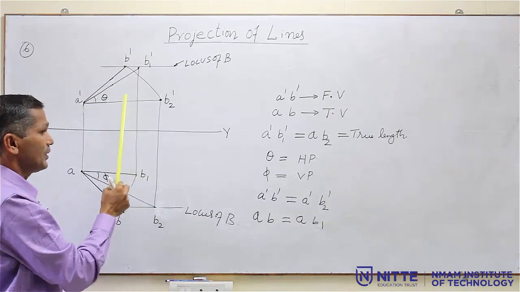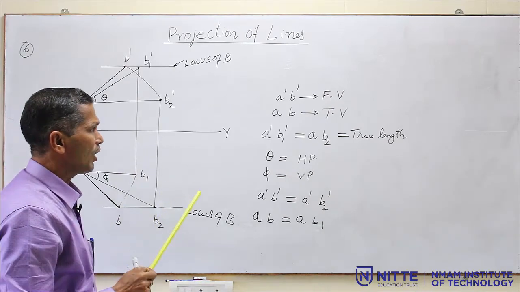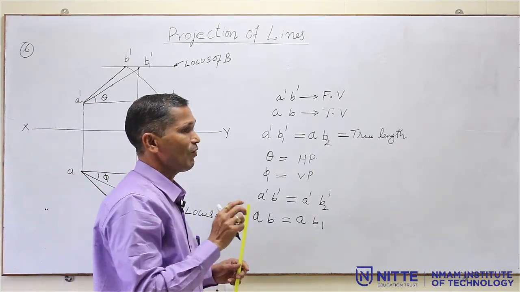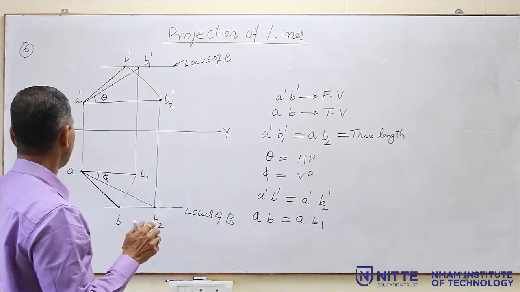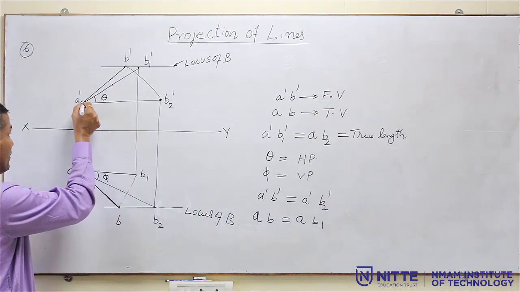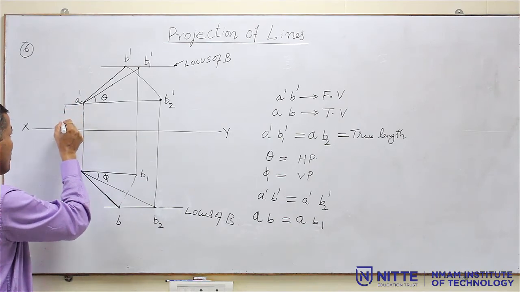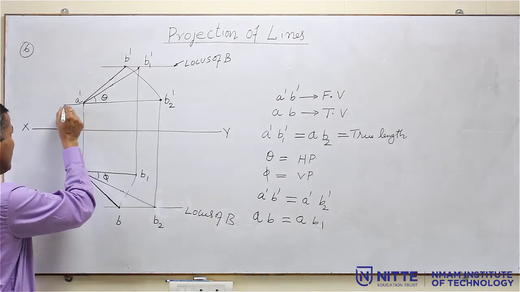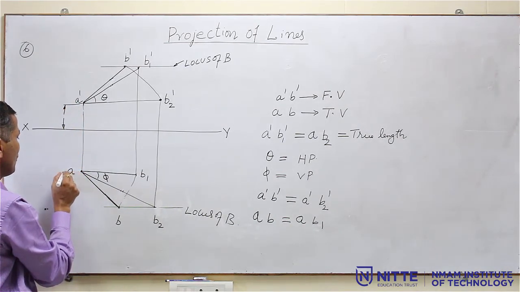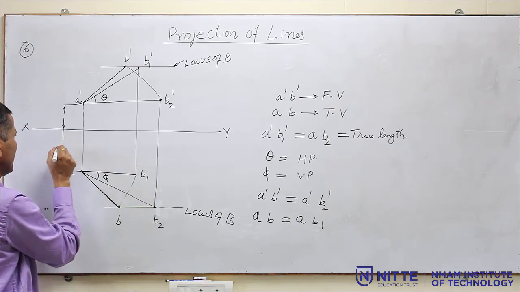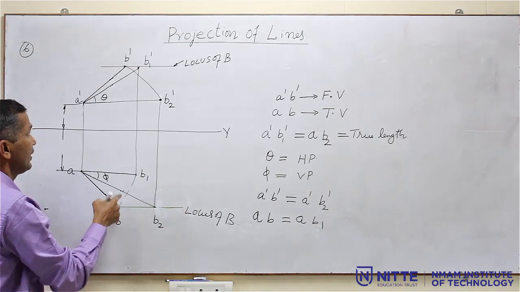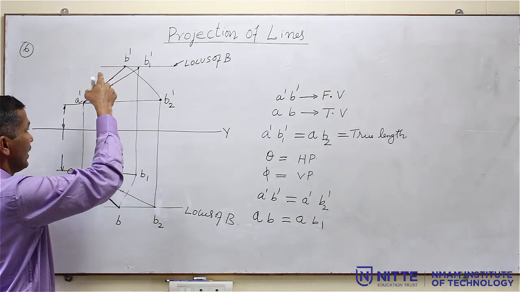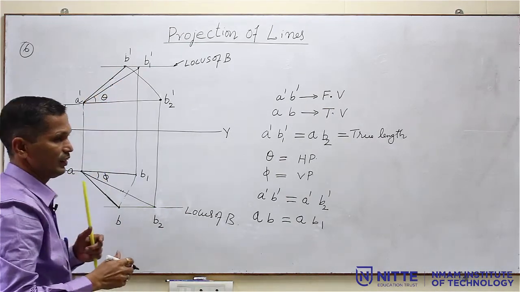Some of the information will be given in the problem. Now, to solve the problem, a minimum of 5 pieces of information should be there. These 5 may be the distance above HP, how much; then in front of VP, how much, which is the second piece of information. Then they may give the front view length, the top view length, and one of the angles.